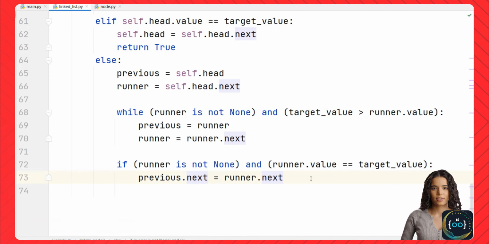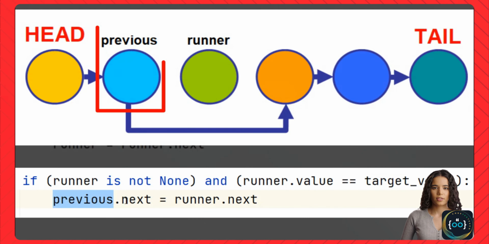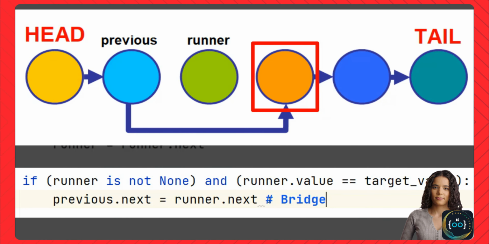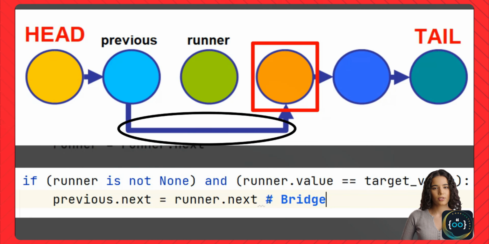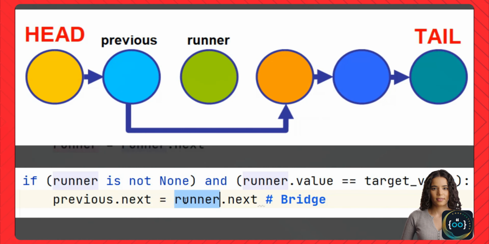We are going to reassign the pointers in such a way that the previous node points to the node that comes after the runner. This is a little bit tricky to understand, but think of this as the bridge. We are making a connection that skips the current node, the node that we want to delete. We had previous and we had runner. Runner is the node that we want to delete. So what are we doing?